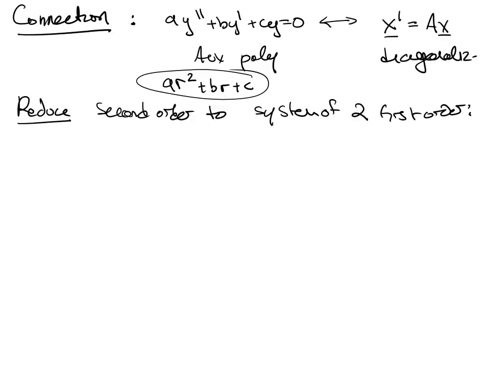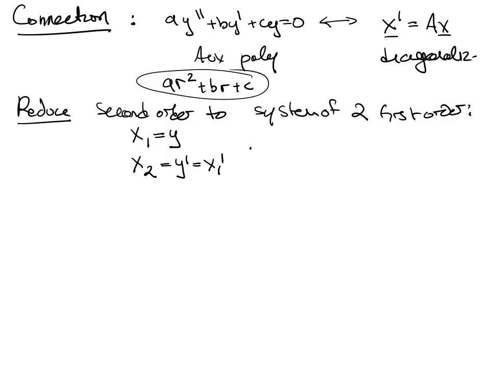So Professor Lott showed you how to do that. How do I do that? Well, I introduce a new variable. Let's say x1 equals y. Now introduce a new variable x2 to be y prime, which is just x1 prime, right?